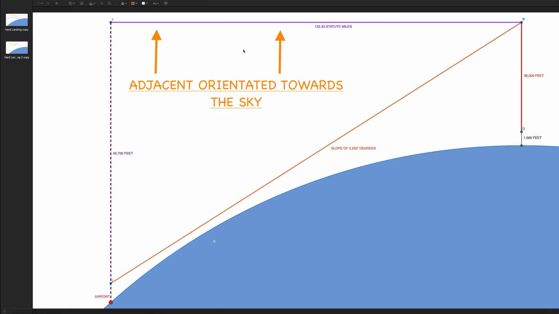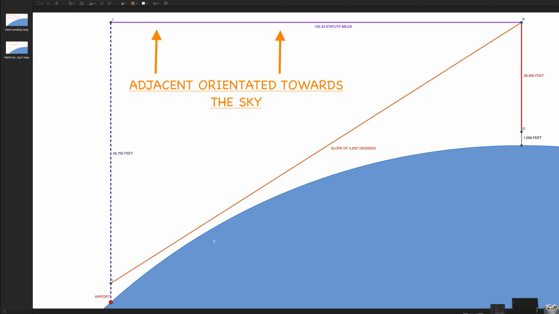So opposite to the adjacent, they can't orientate that towards the ground and do the calculation because it won't work. They can only do that if the earth is flat. Then they can calculate for 37,000 feet, removing the 1,000 feet and dealing with the 36,000 feet. But on a globe, they must add the extra, right?